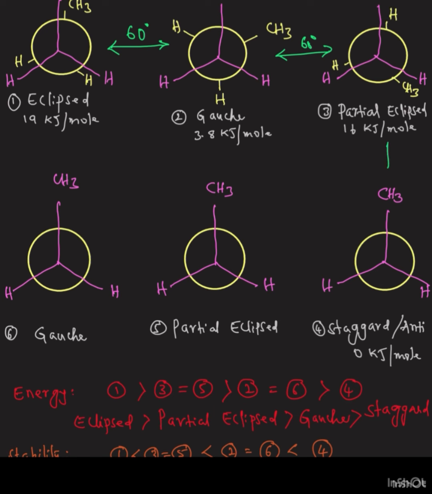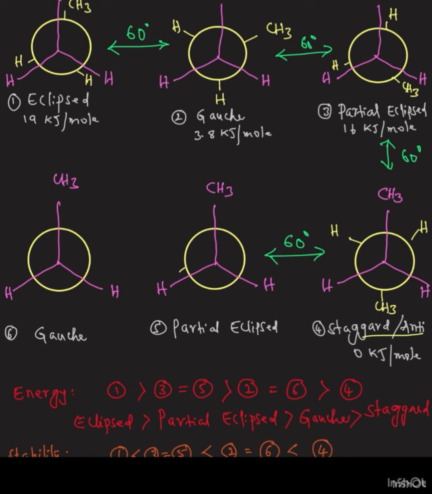Again by 60 degrees rotation, this CH3 position becomes exactly opposite to the front carbon containing the CH3 group. That's why we are getting the staggered compound, which is also called anti-conformer. And this is rotated by 60 degrees, then partially eclipsed is formed.